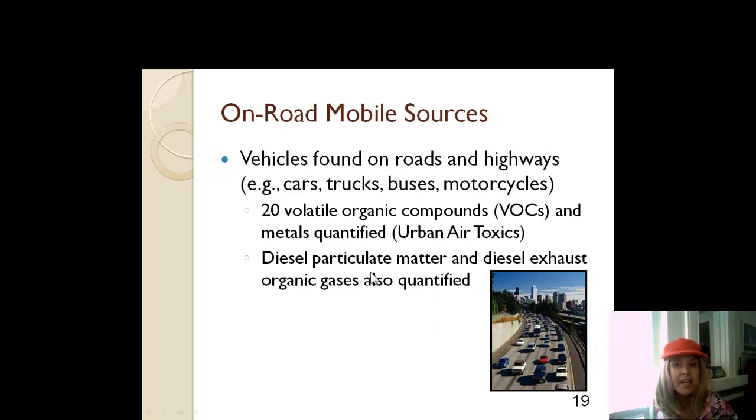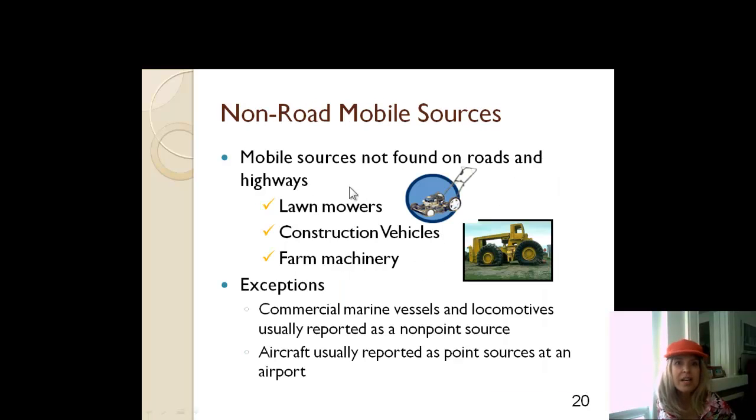On-road mobile sources, again, they emit a lot of VOCs, and especially important to EPA are some of the air toxics that are qualified as urban air toxics that are particularly important for environmental justice questions, because a lot of times expressways go through lower income areas, and of course that's where the most pollution is, and they're particularly interested in these urban air toxics. Diesel gas, these are also quantified from on-road mobile sources. Really stinky things we drive around in.